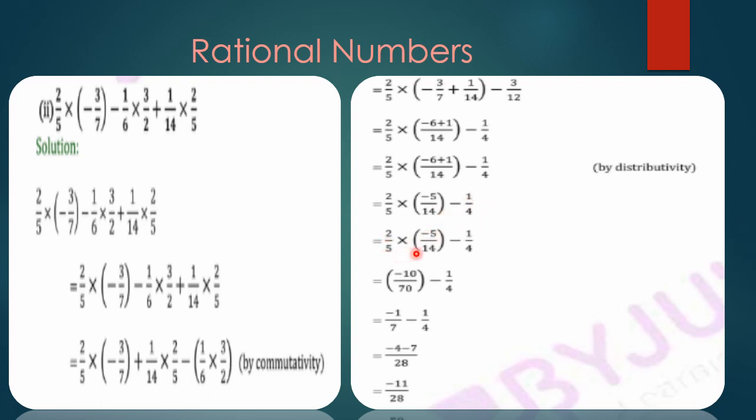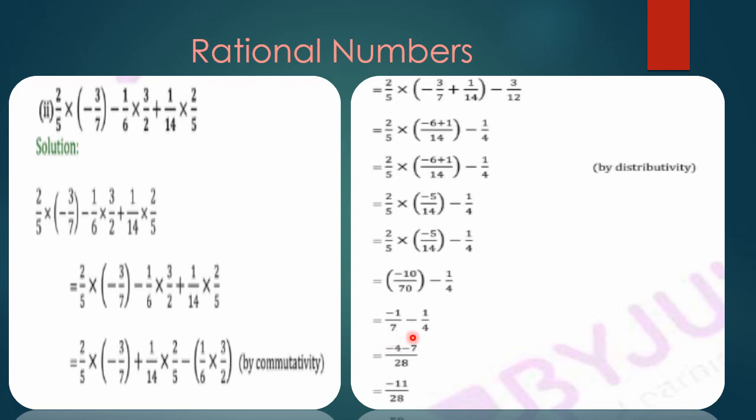Now in the first two we multiply the numerators and the denominators. So 2 into minus 5 becomes minus 10, 5 into 14 becomes 70. So minus 10 upon 70, then minus 1 upon 4. Now minus 10 upon 70 in the lowest form is minus 1 upon 7, so minus 1 upon 7 minus 1 upon 4.